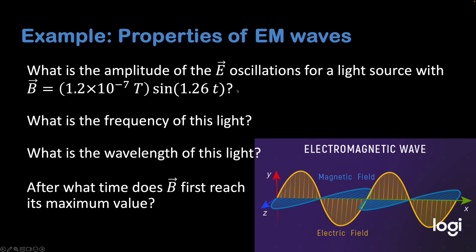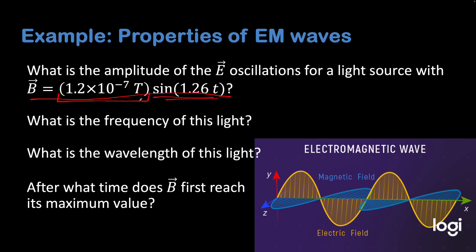So just as an example of the types of calculations we can make with this idea of oscillating magnetic and electric fields, if we talk about the amplitude of the E oscillations from a light source with this B, so this is, oh, sorry, let me erase that real quick. So if this is our B, it's oscillating in time because we have a sine component here.